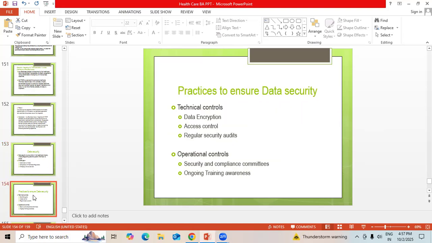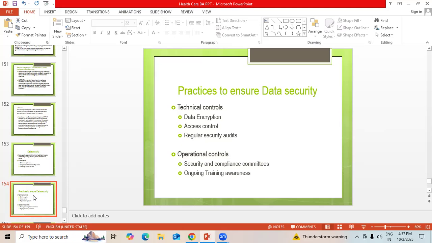Now, to secure the data, the practices to ensure data security in healthcare can be classified into two parts: technical controls and operational controls.